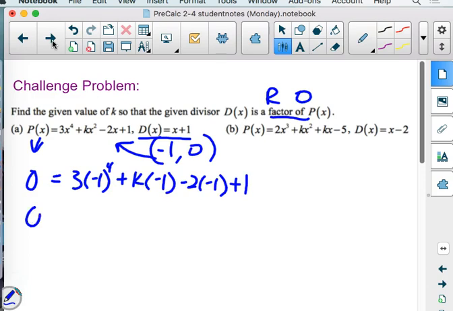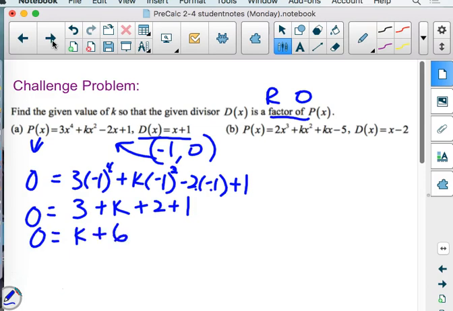Well, that doesn't look so bad. So negative 1 to the 4th is 1. That'll be 3. And, oops, forgot my little squared there. Negative 1 squared is 1, so that'll be plus k. Negative 2 times negative 1 is plus 2 plus 1. So 0 equals k plus 6. Subtract 6 from both sides. There's k. There it is.